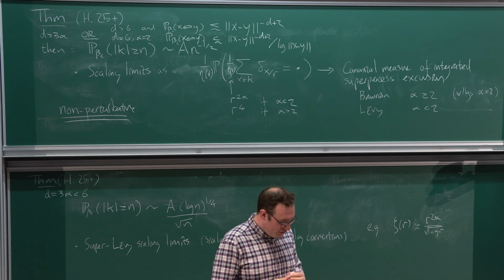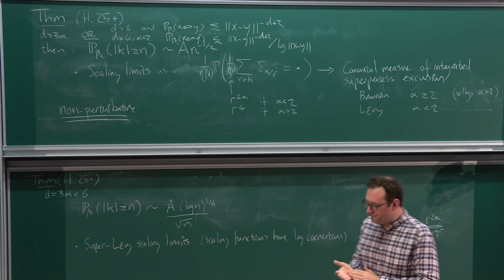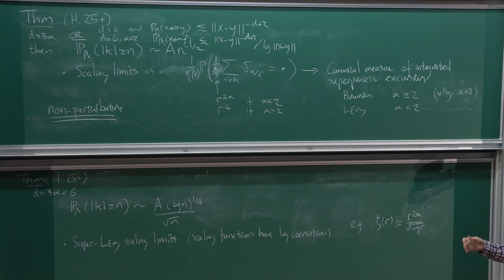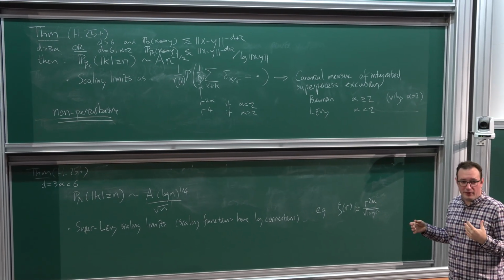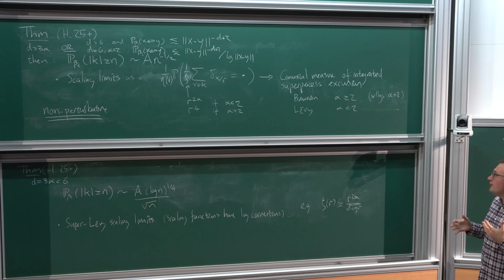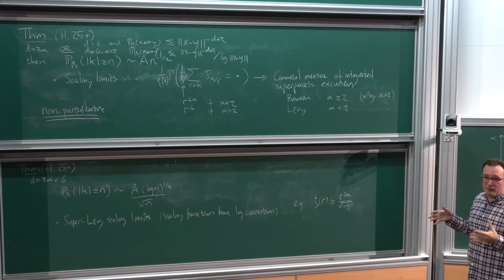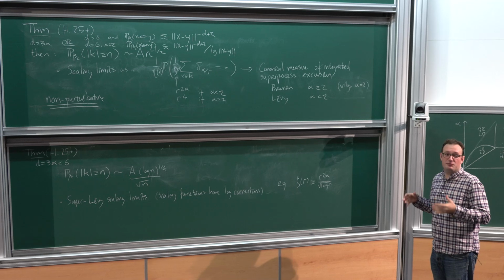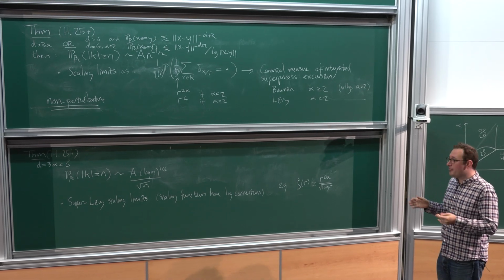So let me make a few remarks on this. Again, I'll give you an overview later of more about the proof methods. The big picture idea is to implement some version of the renormalization group type analysis for percolation, and specifically for long-range percolation.